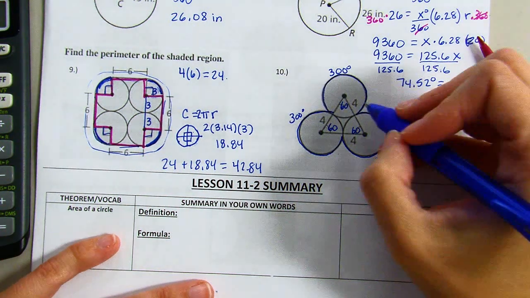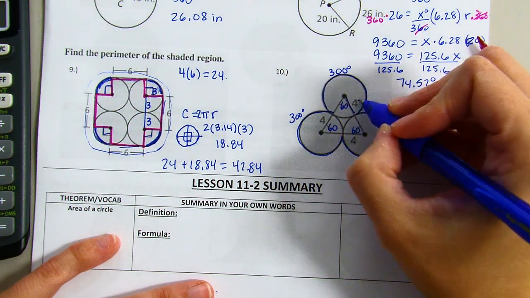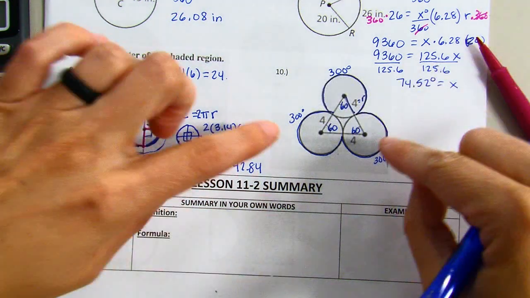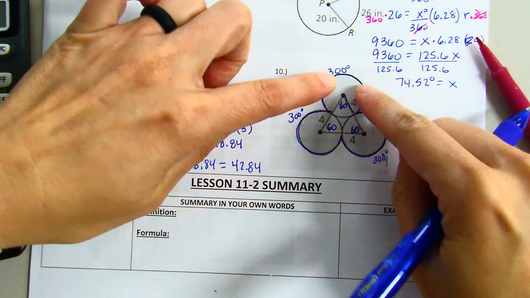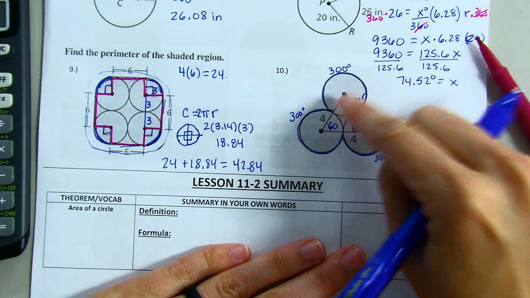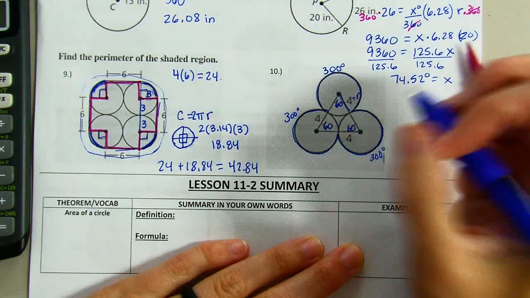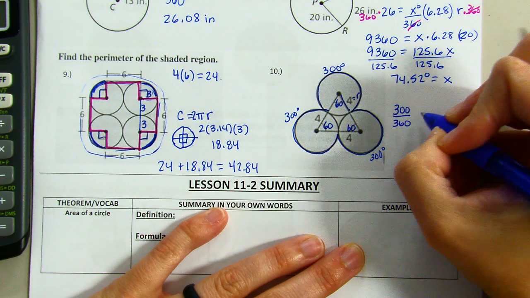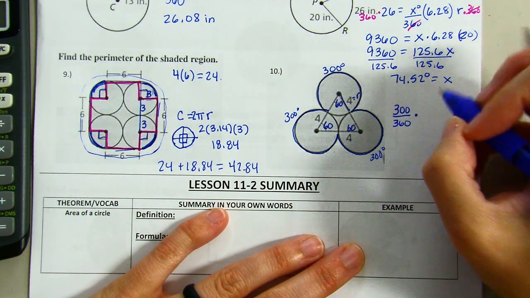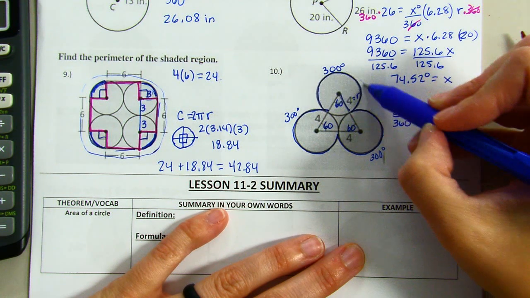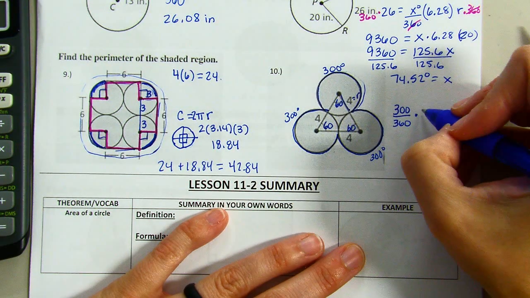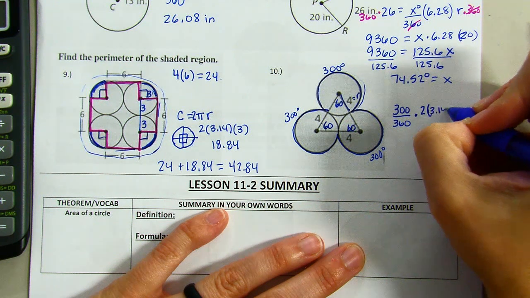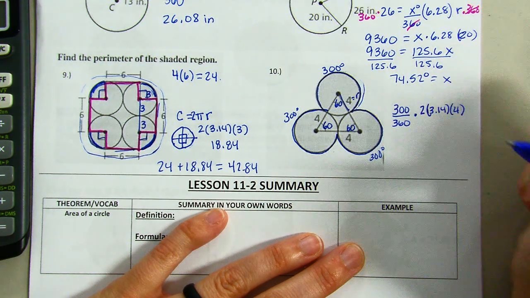So the 4 is showing me the radius. I have 3 of the exact same pieces, right? So if I found the arc length for one of these circles, I can just multiply my answer by 3 and get my total perimeter. So for one circle, it's 300 degrees over 360 times 2 times 3.14 times 4.